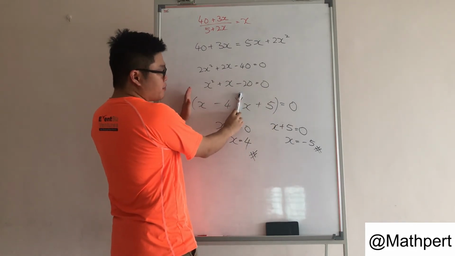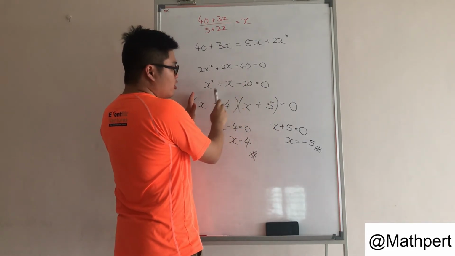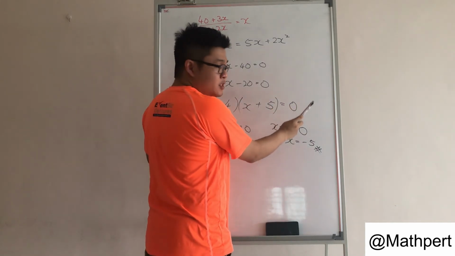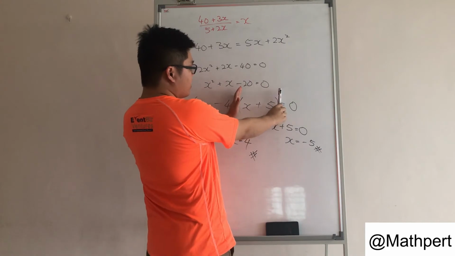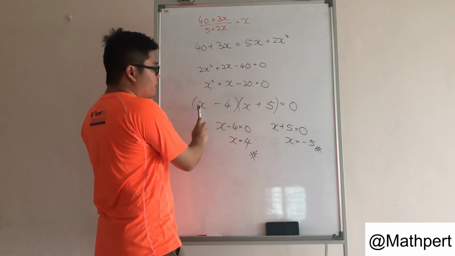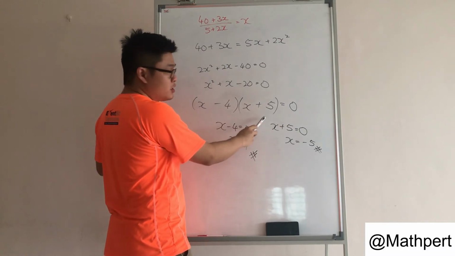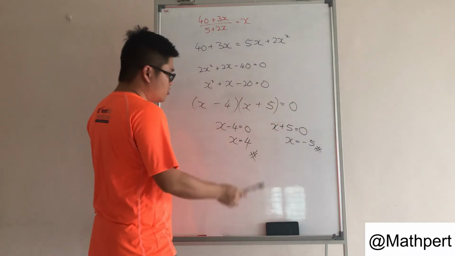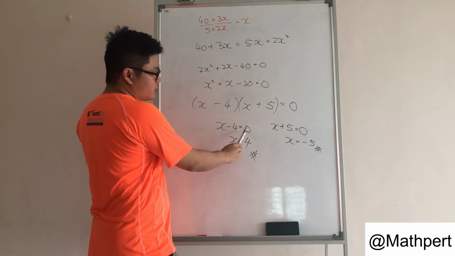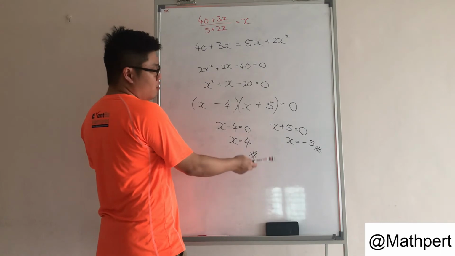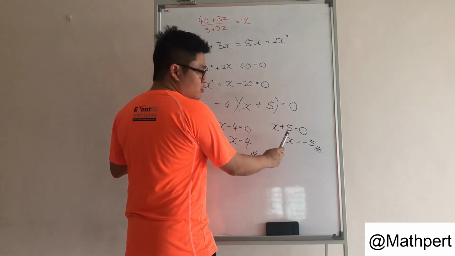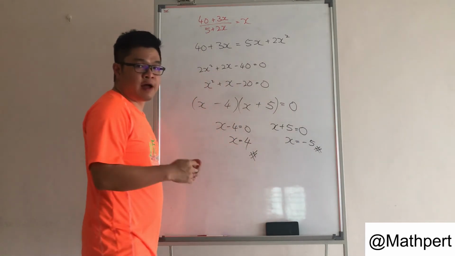So if this bracket becomes 0, 0 multiply this x plus 5 is become 0. So for this bracket, if this bracket becomes 0, x minus 4 multiply 0 is also become 0. So we can say that x minus 4 equals to 0, x equals to 4. And in this side, x plus 5 equals to 0. So x equals to negative 5.